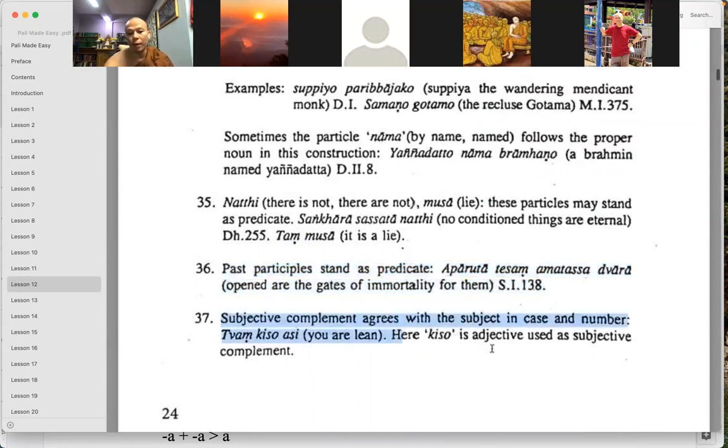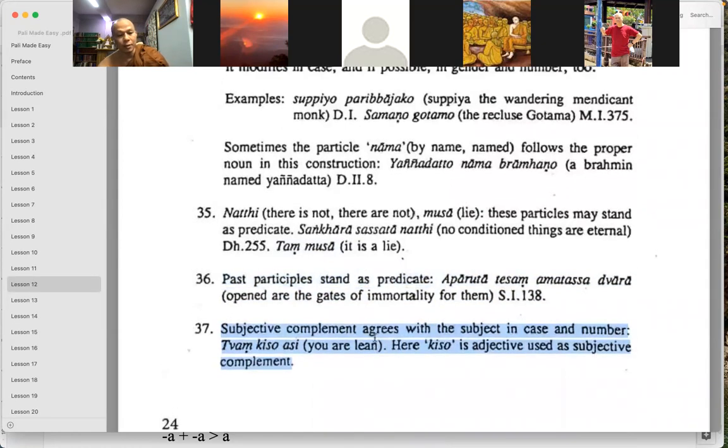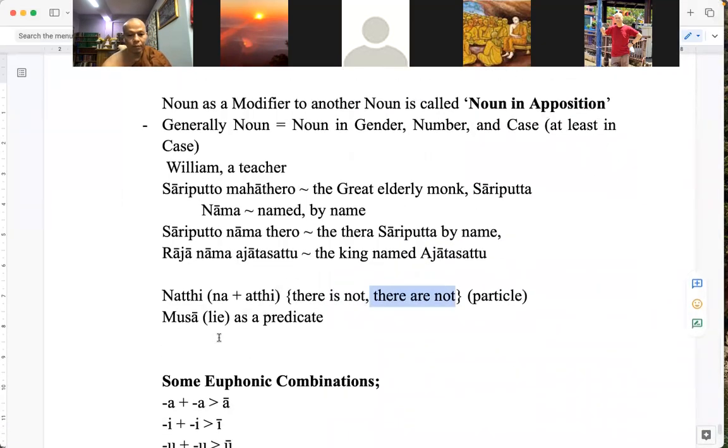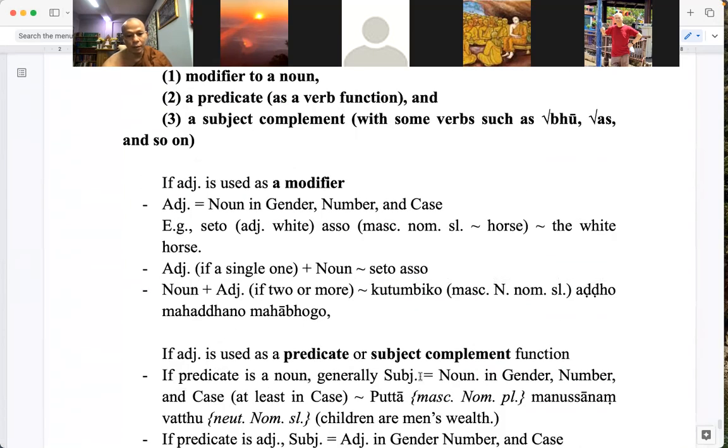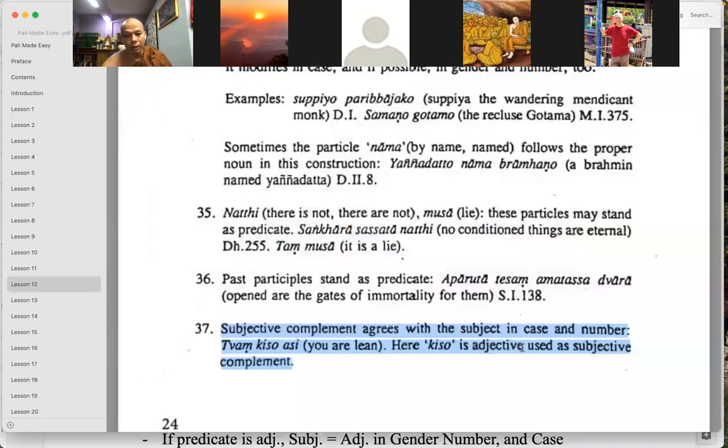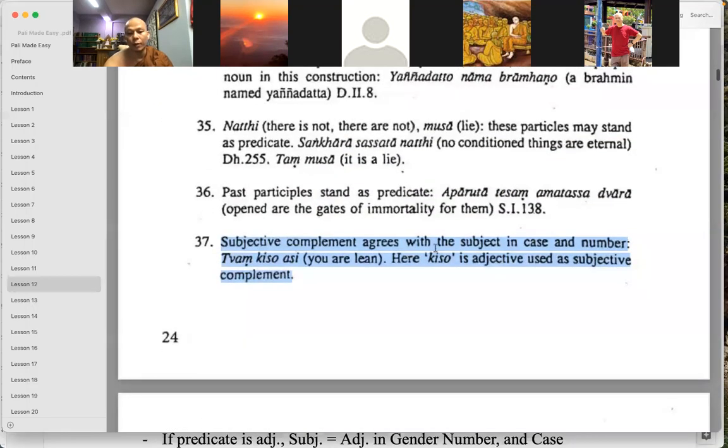And the subject complement, I already explained the subject complement in the notes. So here in Pali Made Easy, the subject complement agrees with the subject in case, number, and maybe gender also.